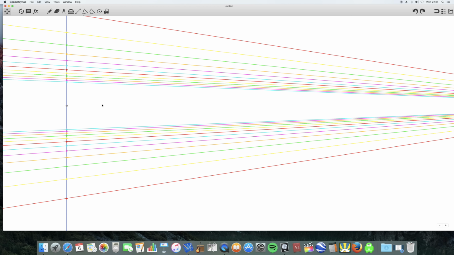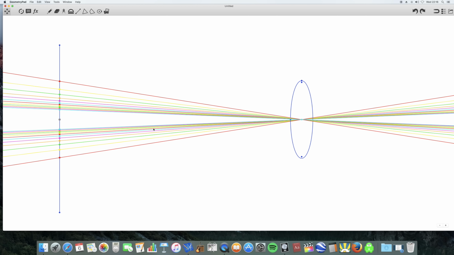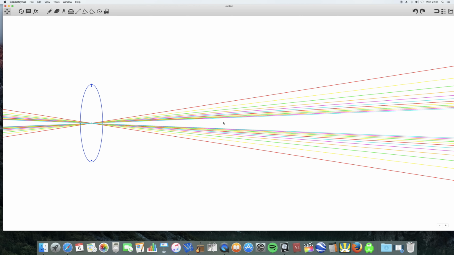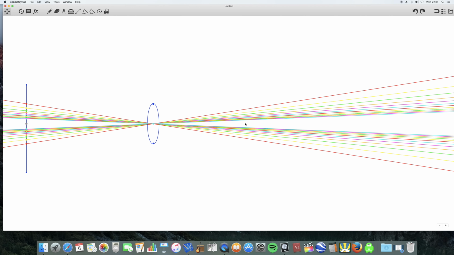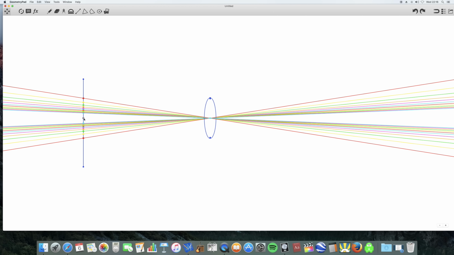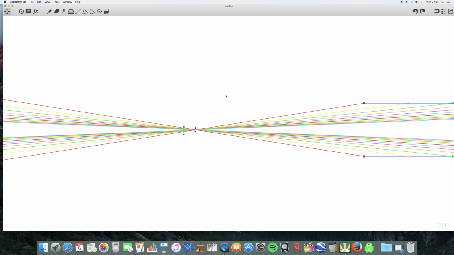The vanishing point is not out here in space. It's not some finite distance away from the observer. Okay? The vanishing point is in the image. It's not out here. Some people think of the vanishing point as being at infinity.